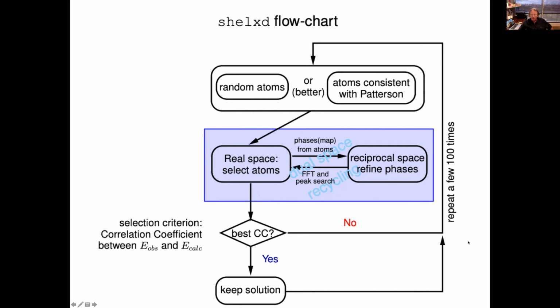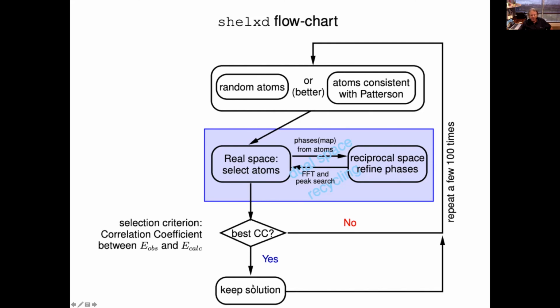If this is no, you go back around, you take these atoms, you again maybe pick a few more or adjust them to be consistent with the Patterson, and you go around and around again. You can go around a few hundred times, and you can look at essentially R-free or some correlation between your observed and calculated normalized structure factor amplitudes.